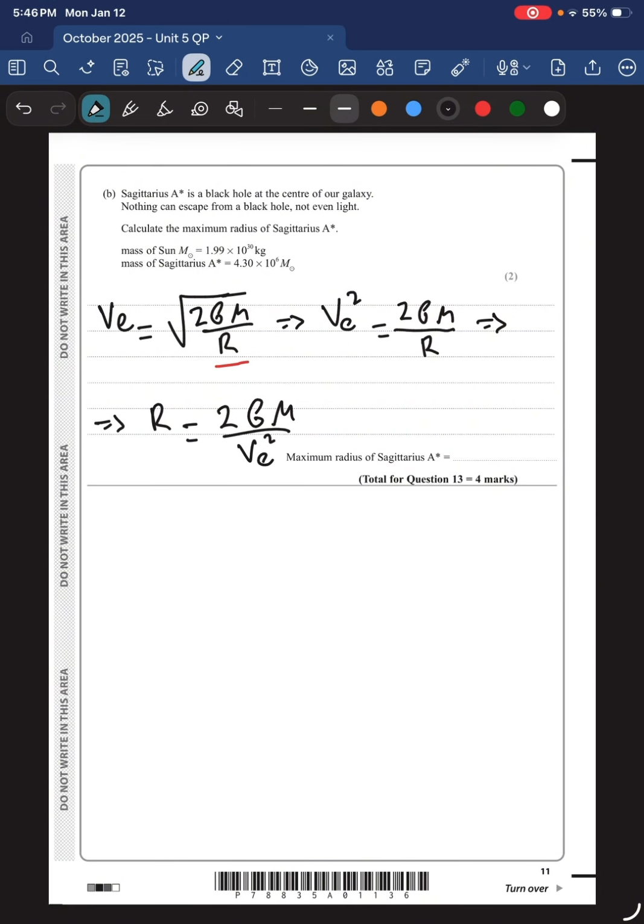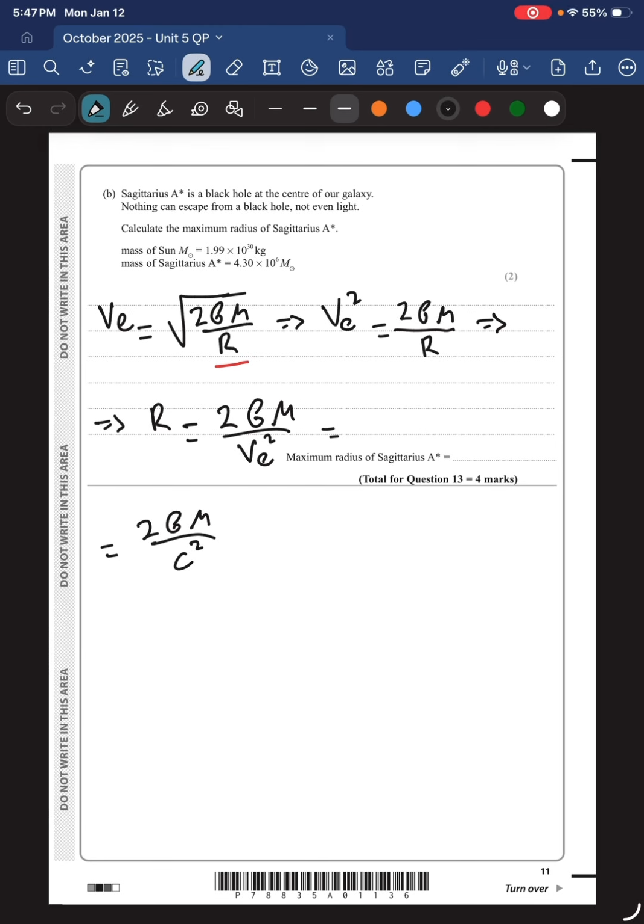They ask for the maximum radius of Sagittarius A. The maximum radius will be when the escape velocity is equal to c. This is the trick because it's a black hole. So 2GM over c squared. Why is it maximum? Because if we use a smaller velocity than c, then what's going to happen?